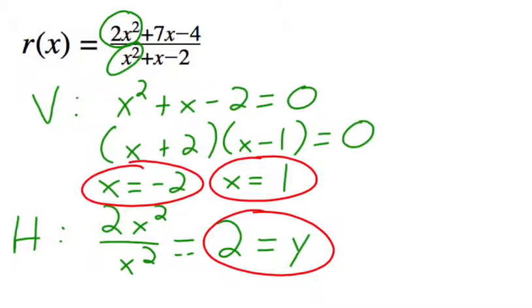Those are the most important parts of the graph, and they also tell you a lot about what's restricted from the domain. For example, if I tried plugging -2 into this, I would not get an answer. There would be an error. So -2 and 1 are not in the domain. 2 is not in the range because that is a horizontal asymptote.